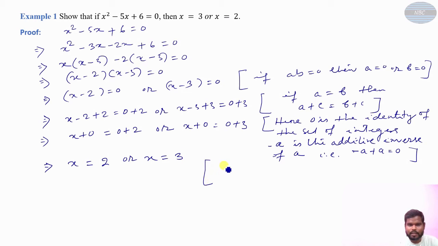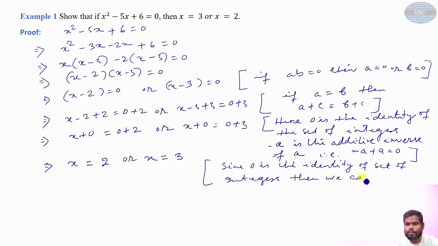So here, since 0 is the identity of the set of integers, then we can have a plus 0 is equal to a.